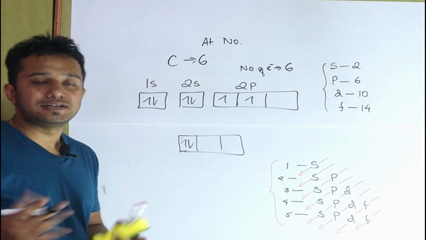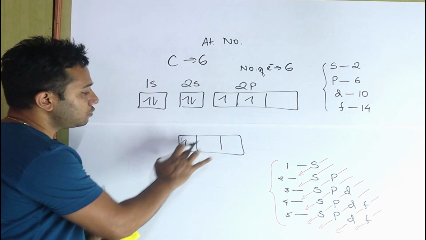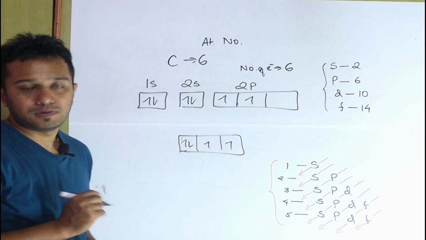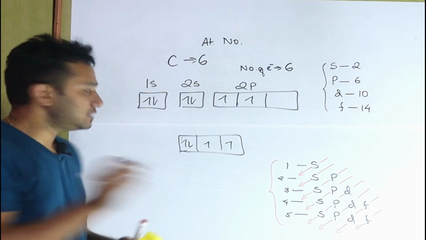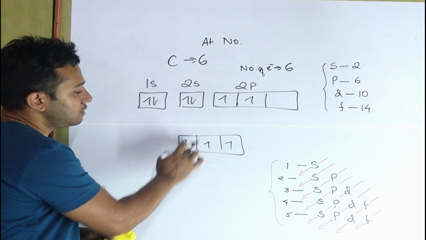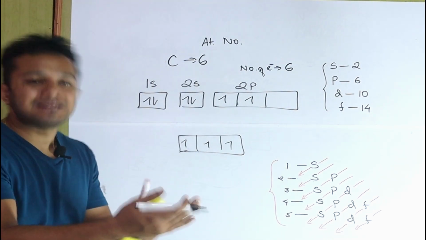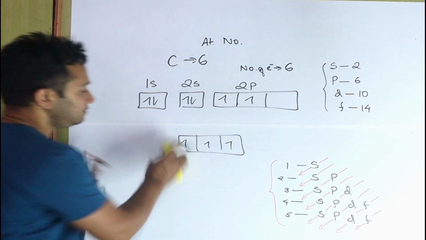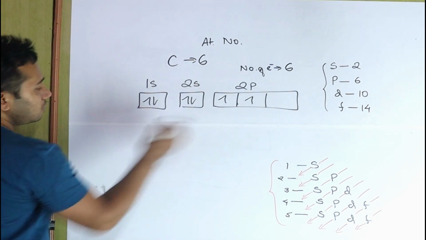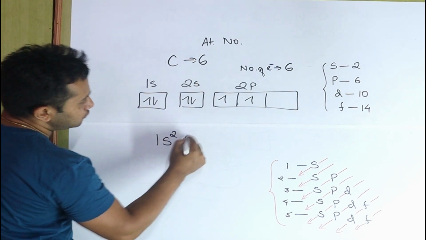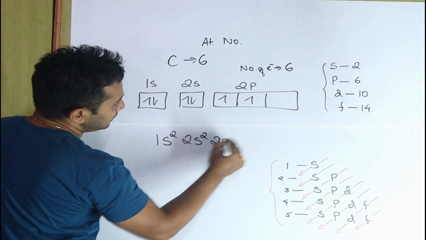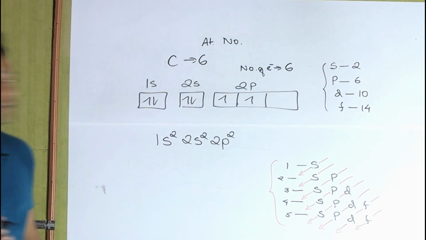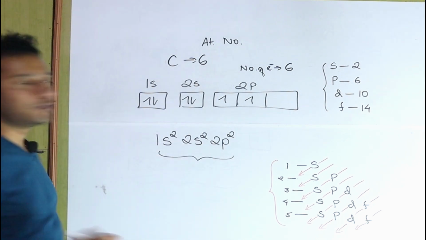There are some rules that some scientists have made. According to the rule, each orbital should be filled with one electron first and then we can pair them up. Electrons will be filled in px, py and pz, and then we will start pairing them up. You cannot just pair them up at first. So if I write the electronic configuration, I'll have 1s2, 2s2, 2p2. Since there are 2 electrons out here, 2p2. So this will be the electronic configuration of carbon.